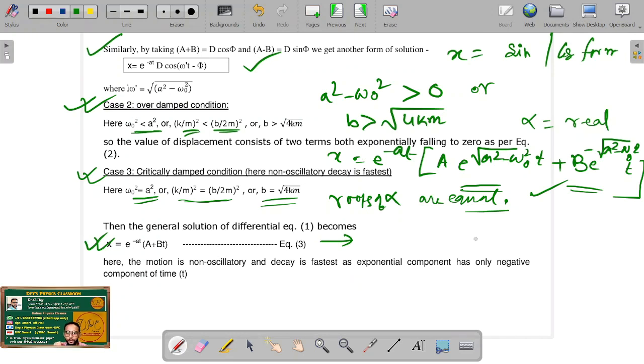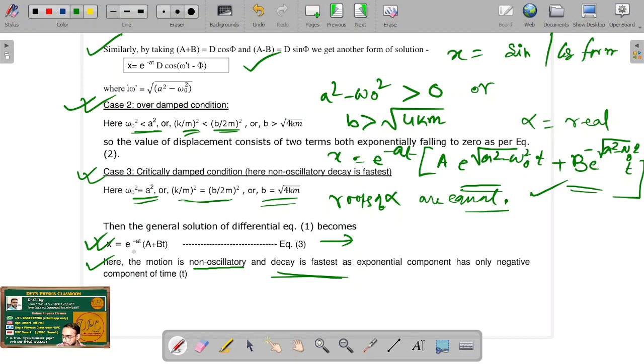These are also non-oscillatory in nature, but here the decay of displacement is very fast compared to the other two types of vibrations. Here the motion is non-oscillatory, and the decay is fastest. Why is this fastest?